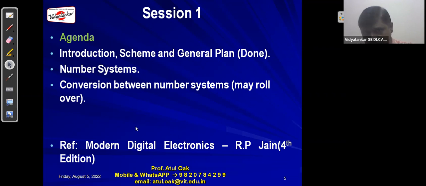But before I start, one very good textbook that you can refer is Modern Digital Electronics by R.P. Jain for module 1, typically number systems. This is a very nice textbook.